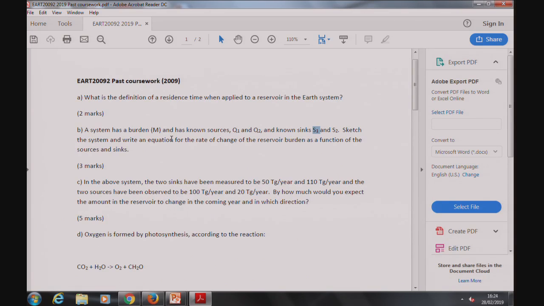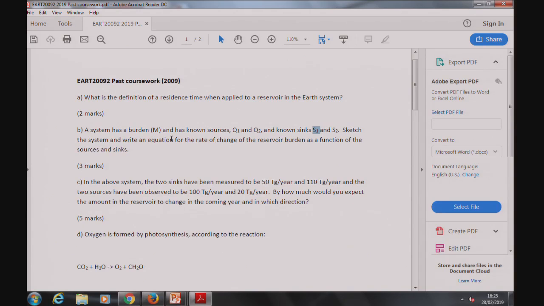Would it be the sum of all the sinks? Sum of all the sinks. So Q1 plus Q2, minus S1 minus S2.